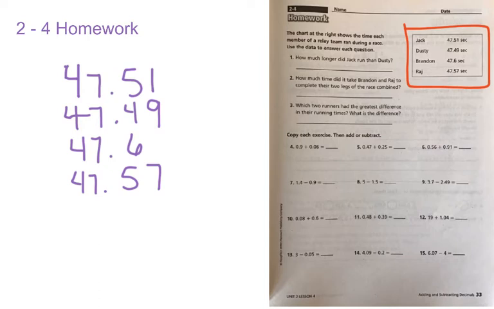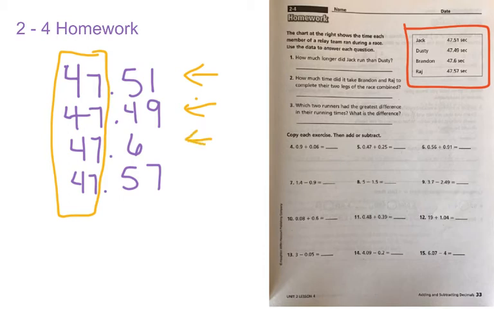This makes the visual comparison really simple for you. You can see that when you look through it, they all are in the 47 seconds range. Okay, but when we compare how much past that 47-second mark, we have 51 hundredths, we have 49 hundredths, we have 6 tenths, and we have 57 hundredths.